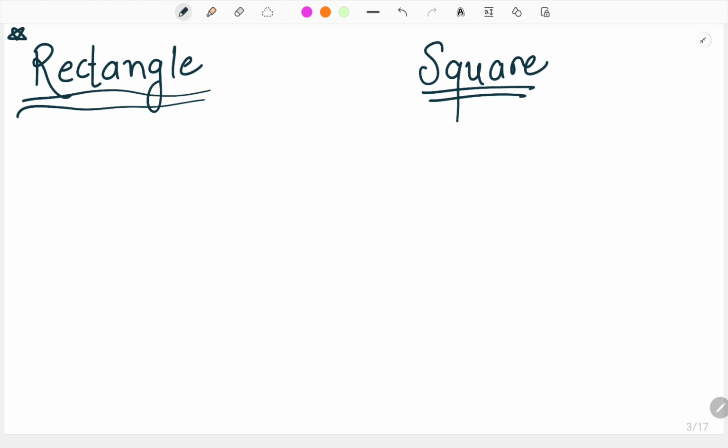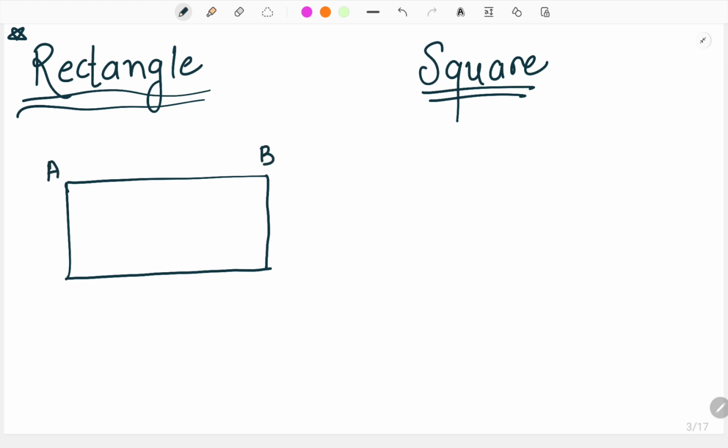Okay, so what is a rectangle, students? It is a four-sided polygon in which the opposite sides are parallel to each other and are equal. For example, side AB is parallel to side CD, and the length of side AB is equal to that of CD.